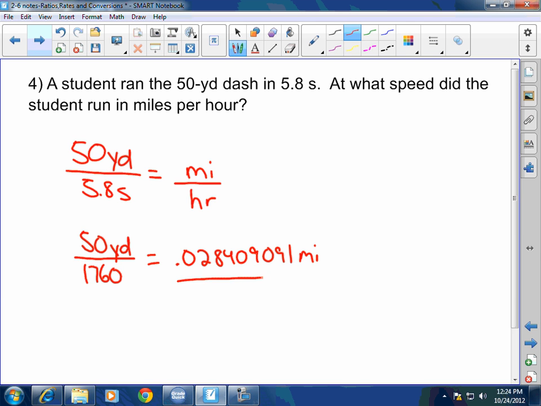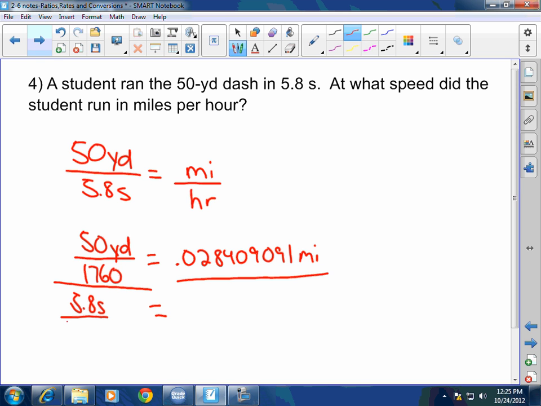Now, we're going to divide that by the second conversion. Our second conversion is 5.8 seconds to hours. I'm going from seconds to hours. Am I going large to small or small to large? Small to large. So do I multiply or divide? What am I going to divide by? It's not 60, guys. There's not 60 seconds in an hour.